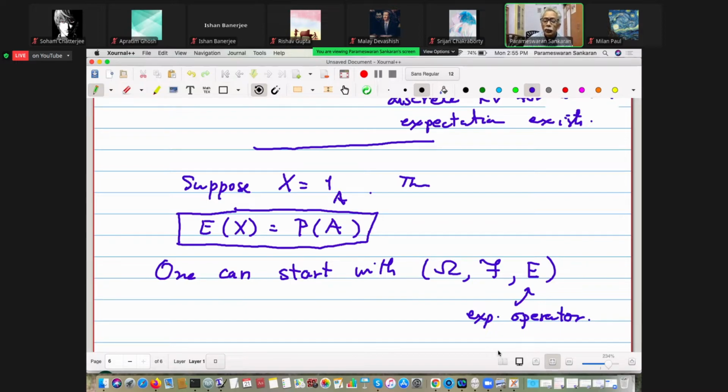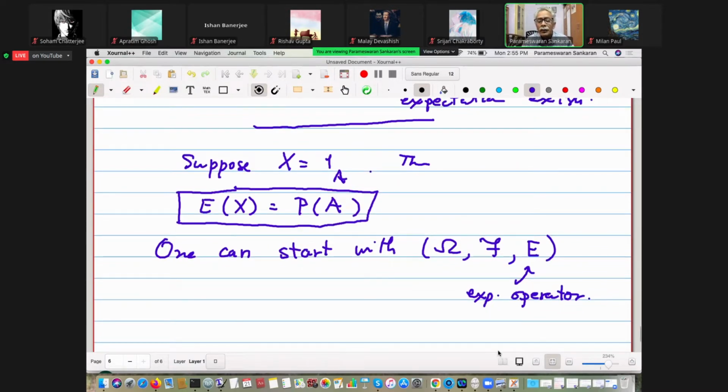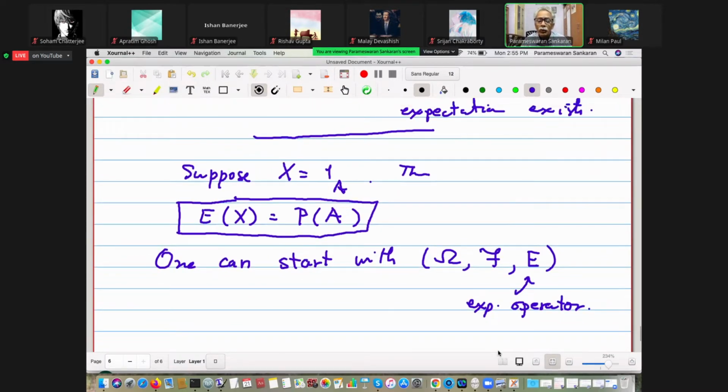If you recall, the definition of random variable did not involve probability.